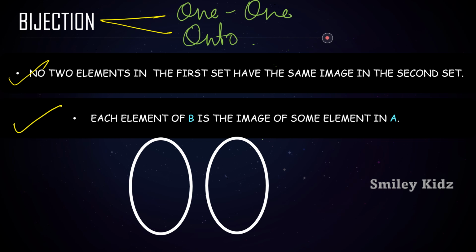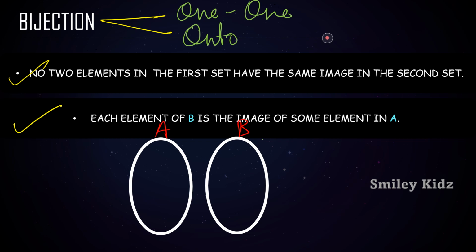If both are there in any function, it is known as a bijective function. That means no two elements in the first set have the same image in the second set, and each element of B is the image of some element in A.